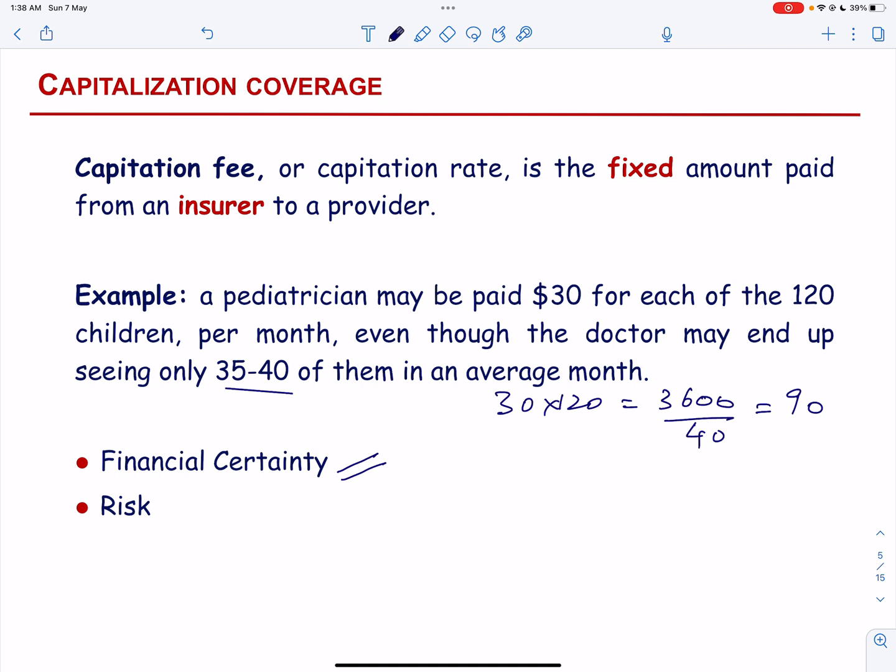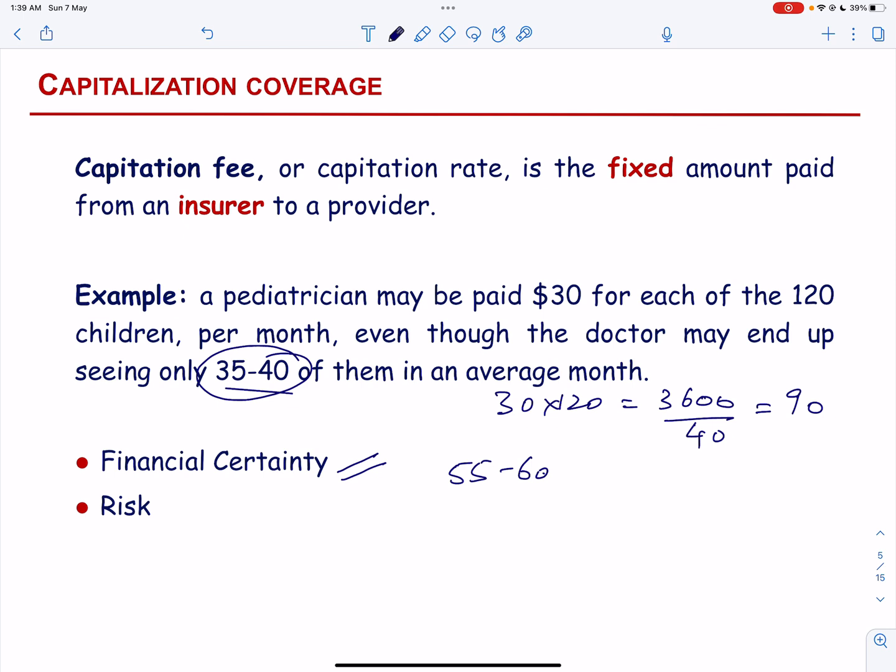Providers assume the risk of more patients than expected falling sick and needing care. In the case of the pediatric example, if a flu breaks out among the doctor's patients, he or she may end up seeing more people, not 35 to 40, but say 55 to 60 children.